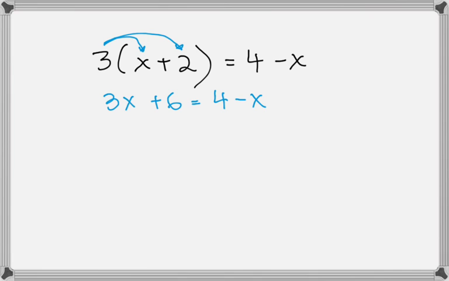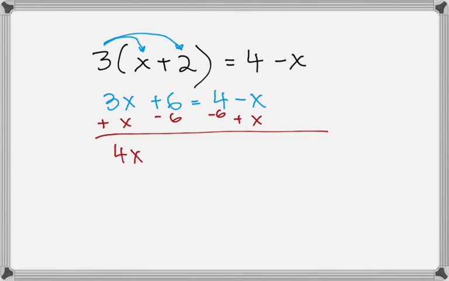Does anybody want to tell me their next step? And I will go. Yes, Jessica? I'm going to add the x to both sides. Always have to do the opposite. 3x plus x is 4x. That means that 6 has to go to the other side in form of minusing it.